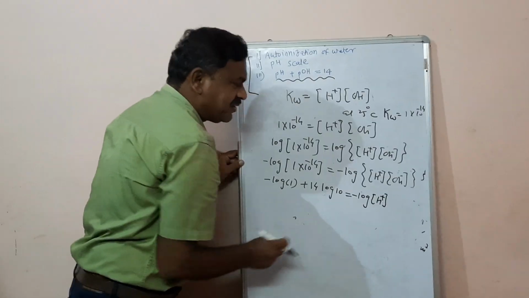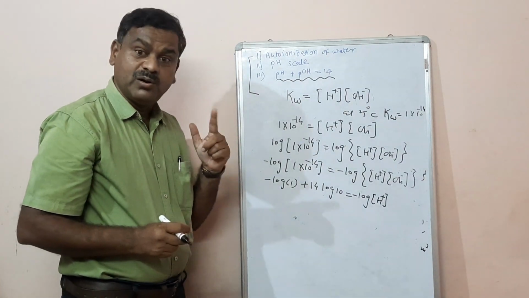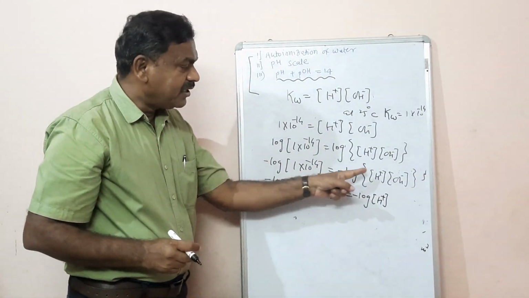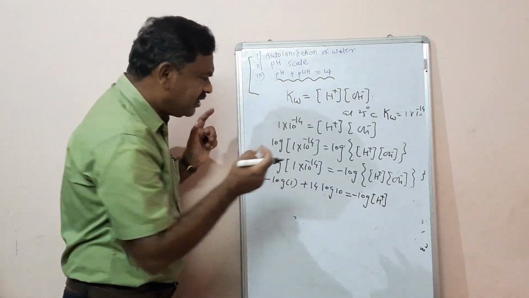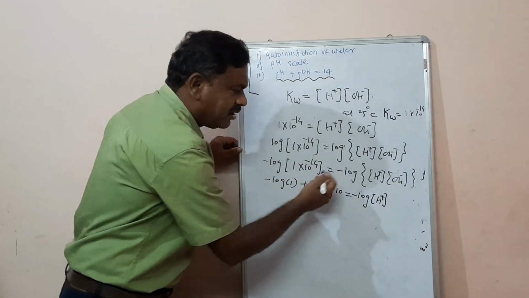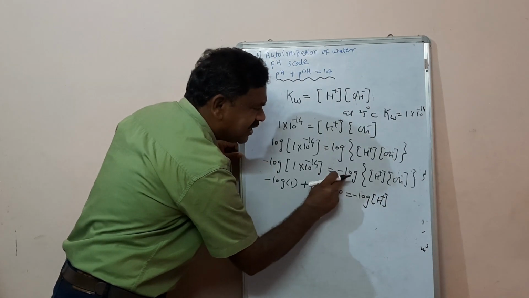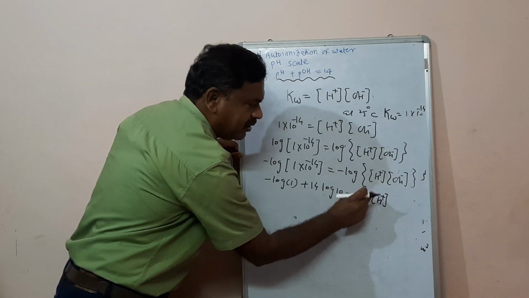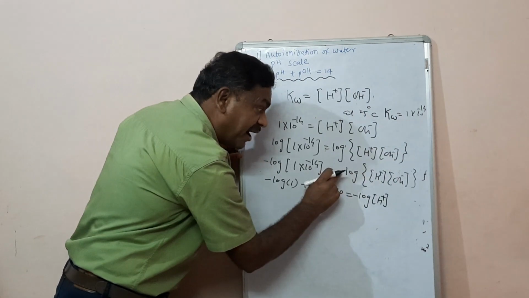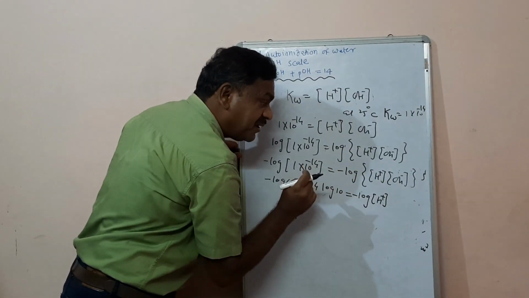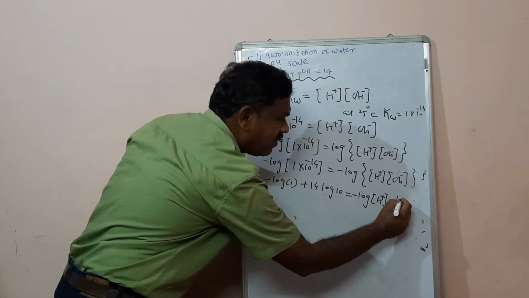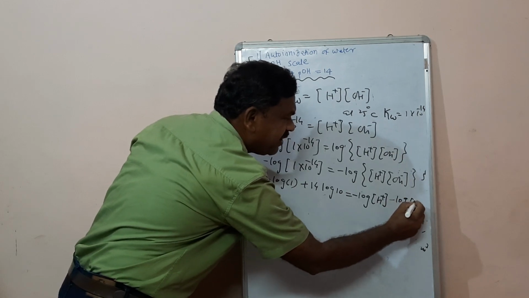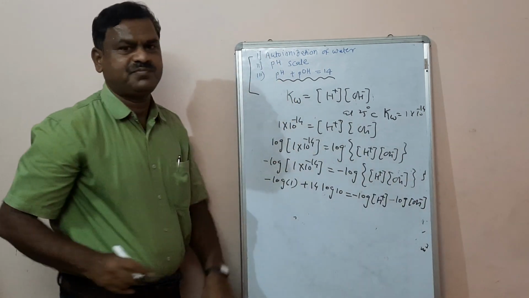Now according to the rule of log, log A into B is log A plus log B. Therefore, apply this log rule here: minus log of hydrogen ion concentration, and here is the plus, then minus log of the OH minus ions concentration.